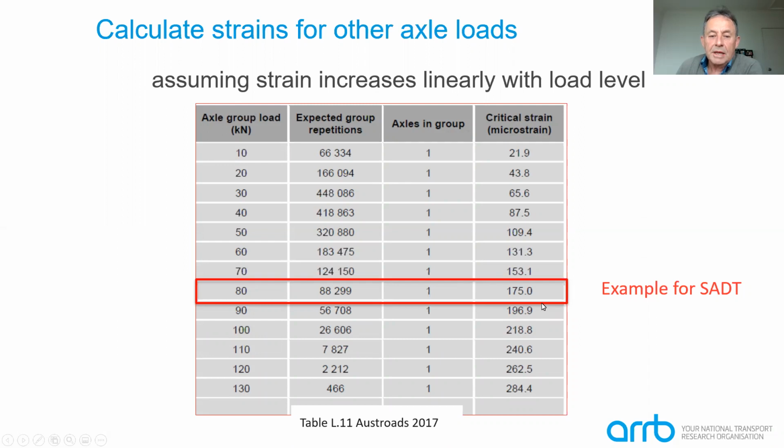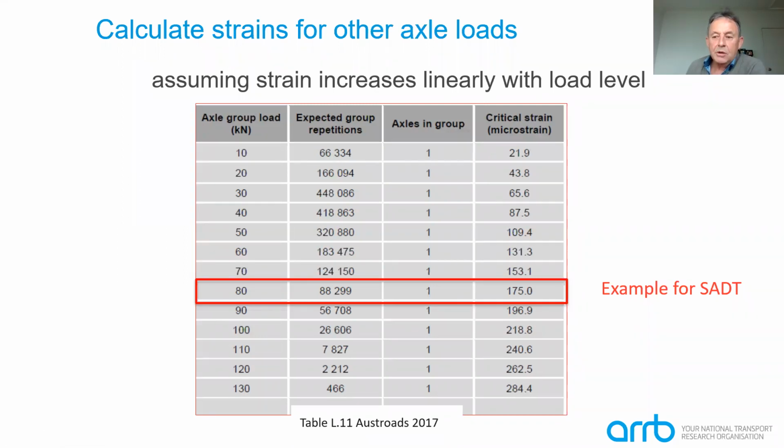So we assume that the pavement operates in a linear elastic way. If you halve the load on the axle group, you halve the strain. So no allowance is made for stress dependencies of materials like granular materials, for example, in this simplified approach. The pavement is assumed to be operating in a linear elastic manner.